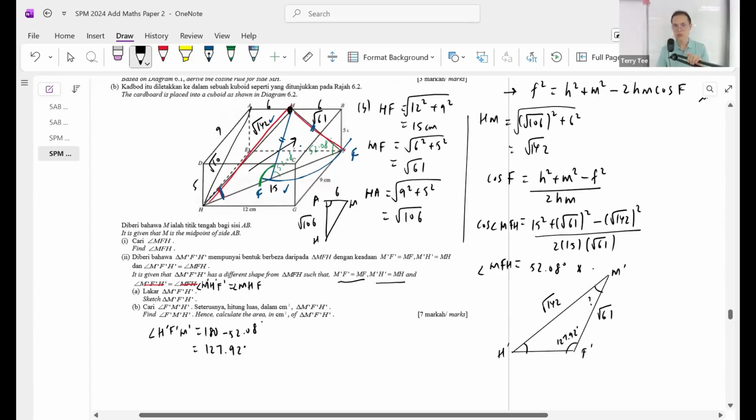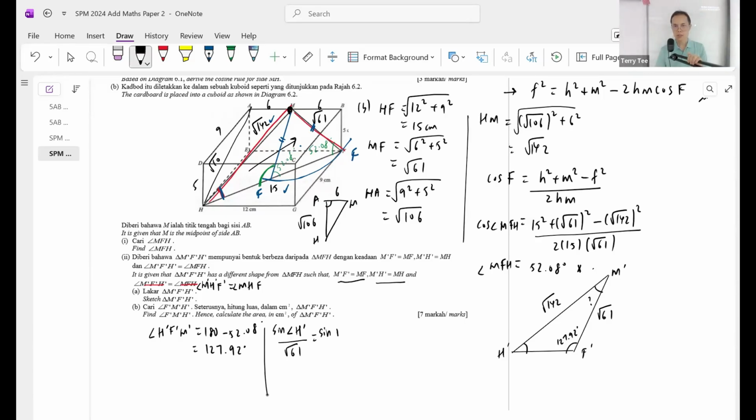Okay, now I still need to calculate this angle here. But before I calculate this angle, we use sine rule. Sine angle H prime divided by opposite side square root 61 equals sine 127.92 divided by square root 142.